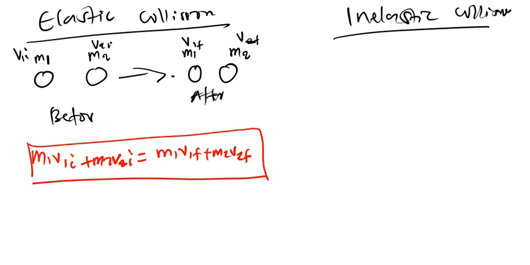In a case where you plug in the values using this formula and you discover that you still have some missing variables, you need an extra formula for elastic collision. We use this formula: v1 initial minus v2 initial is equal to v2 final minus v1 final.